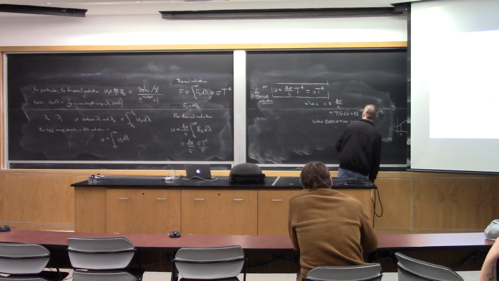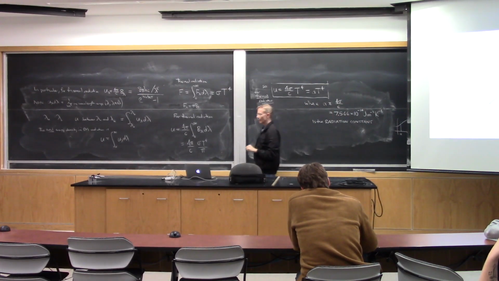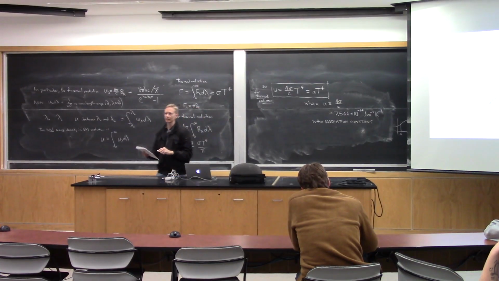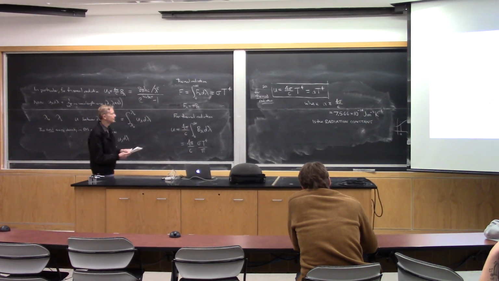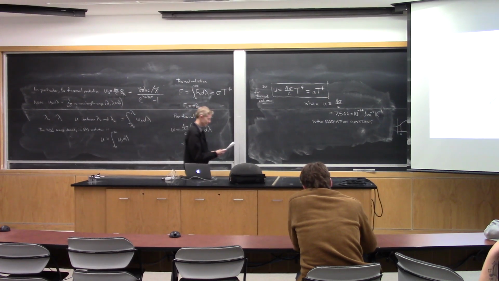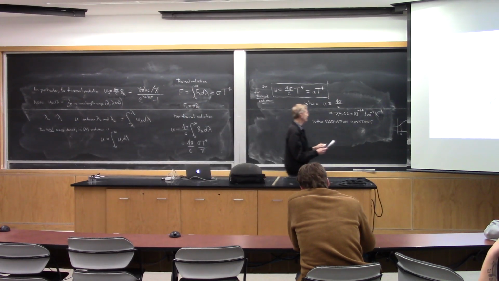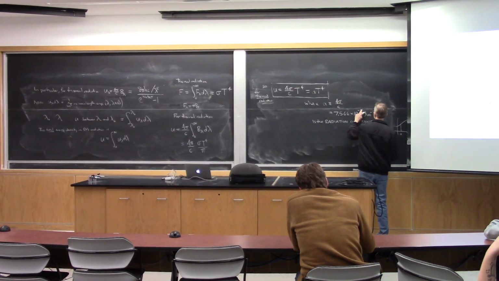What an inspired name that is. They must have had a committee that spent a month trying to come up with that name. That's the radiation constant. Oh, sorry, 10 to the minus 16th power.